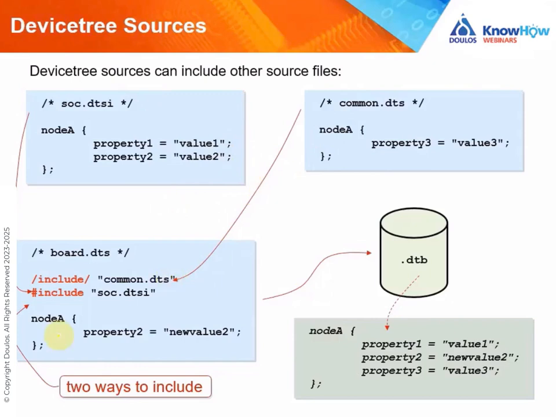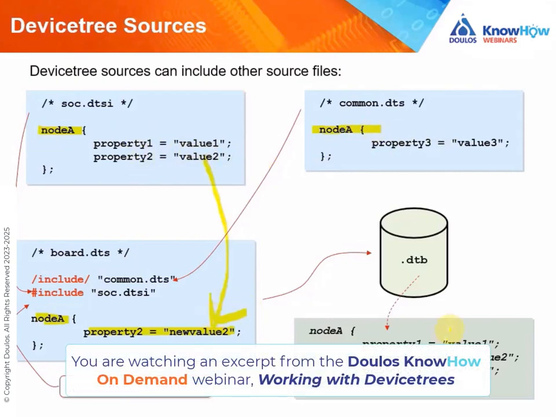And so we can see in this example, we have node A that contains a property, but we also have node A in the other two source files which are included. And we can see that a couple of these will add values and one will redefine a value, as we can see here, and we can see the results, the values that we'll get in the final device tree source.